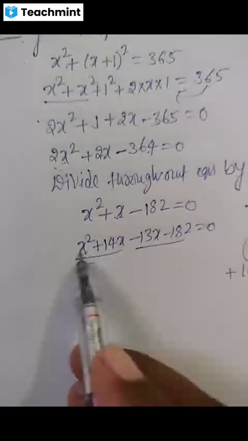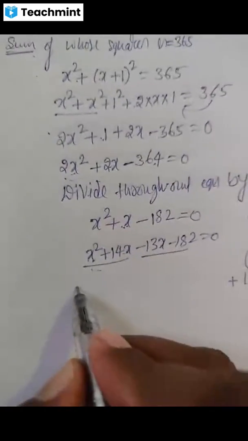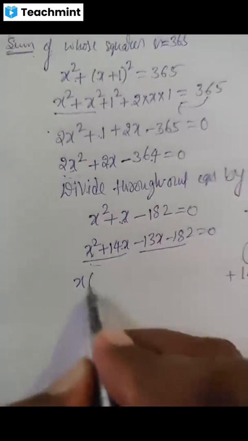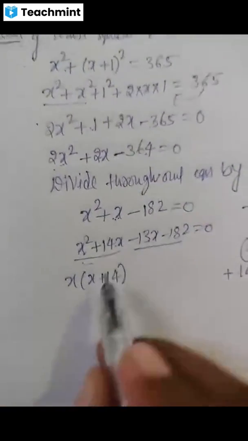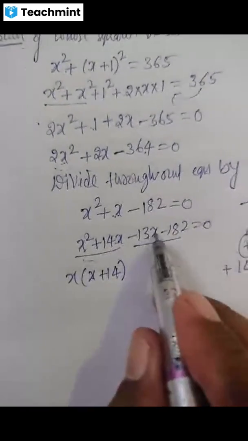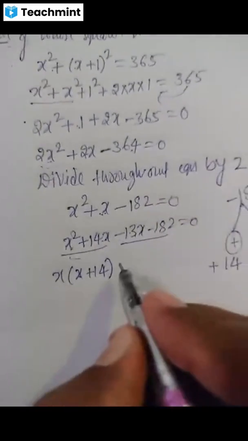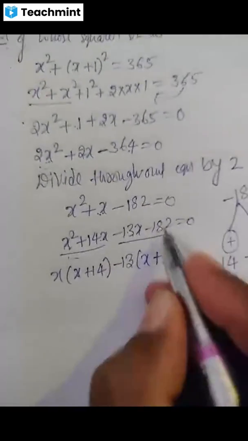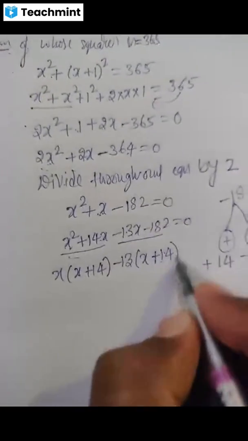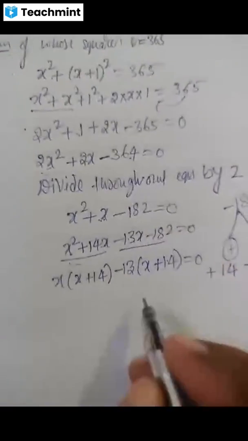Okay, right. So what is common between these two terms? x is common, so x plus 14. Okay, again if you need x in the bracket, we have to take minus 13 common outside. So x plus 14, so 13 14s are 182.